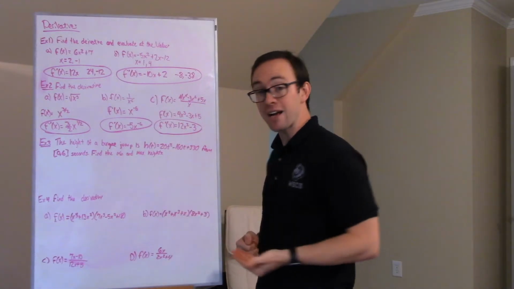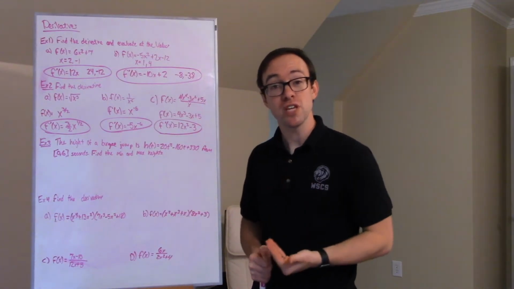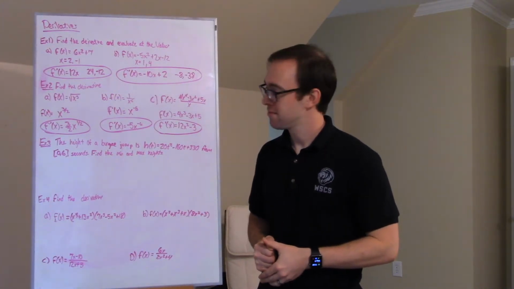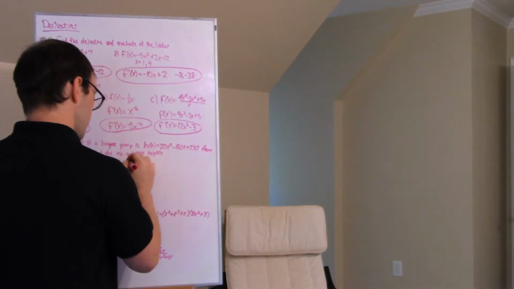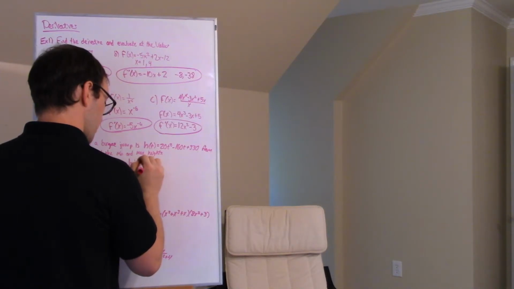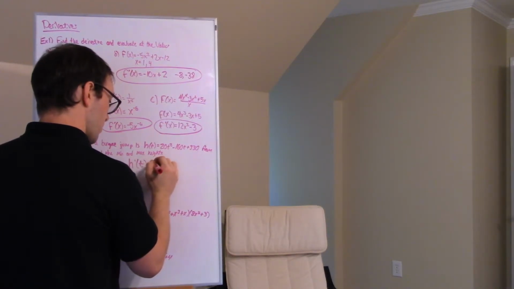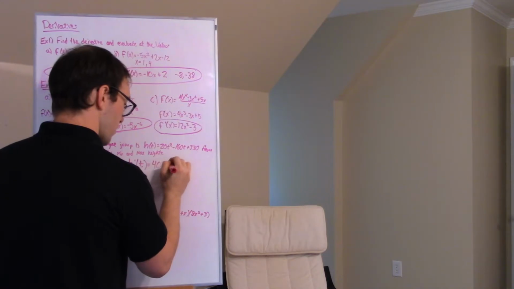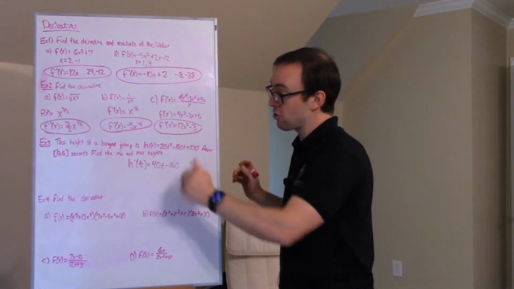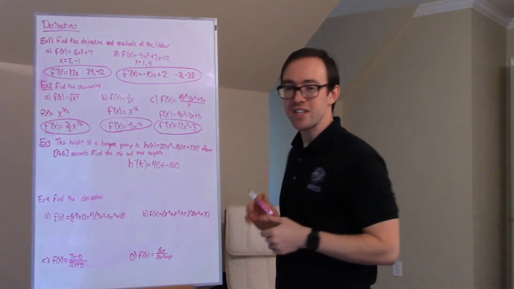Since we're looking for the min and max, we're going to take our derivative and set it equal to 0 and solve. Our derivative of our height function is 40t minus 160.